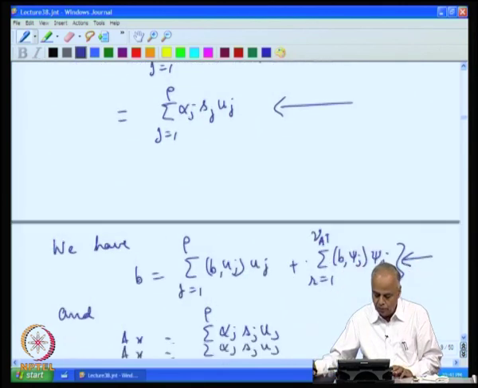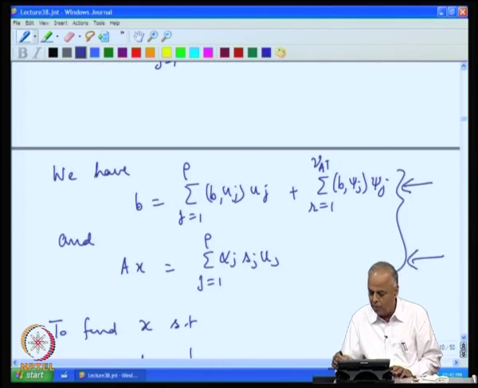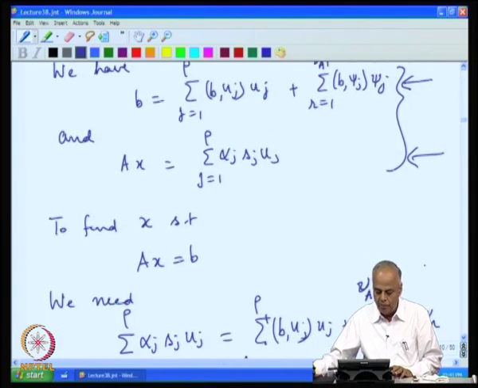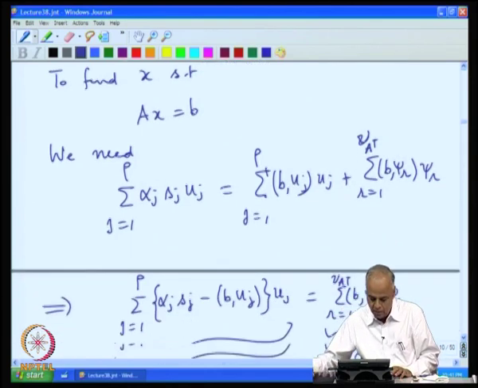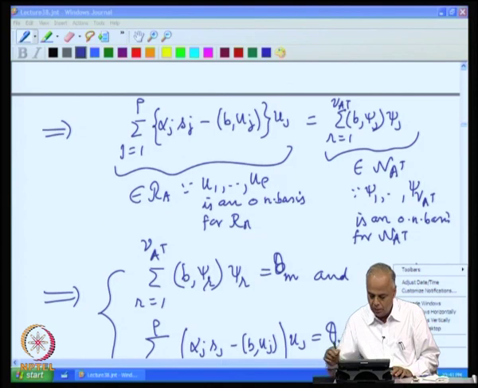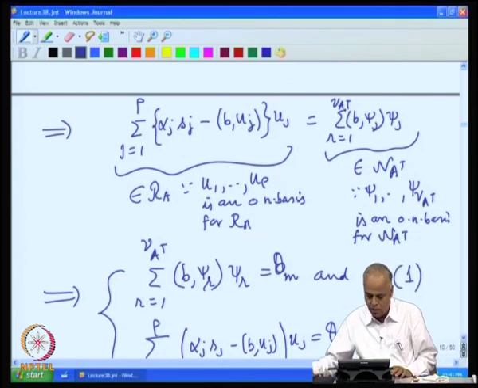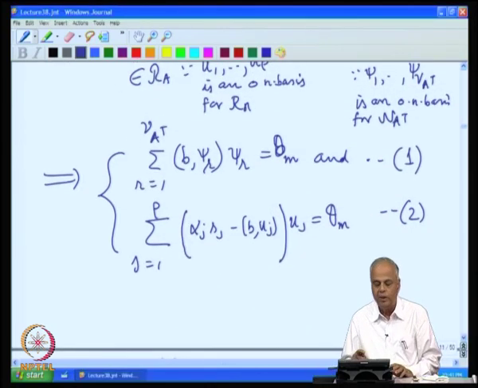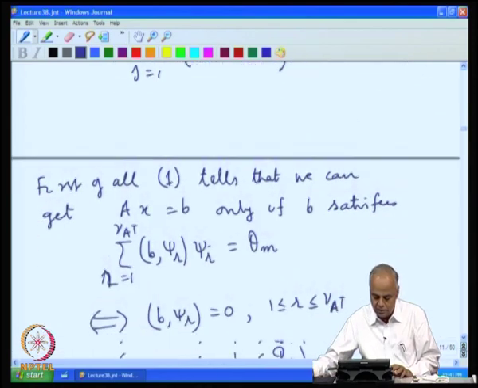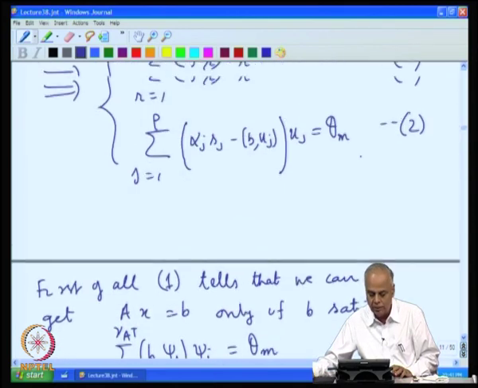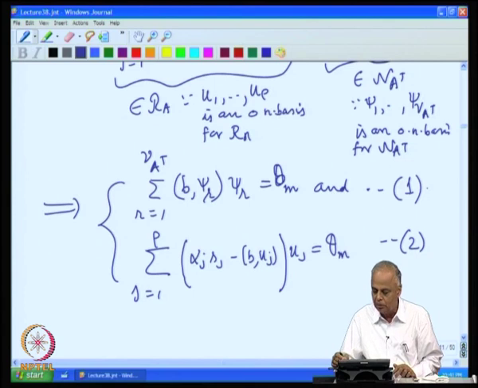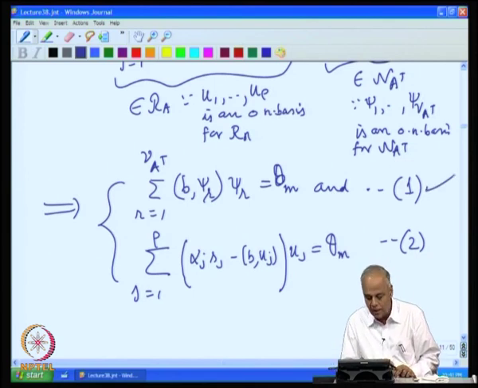Since A x must be of this form and b is of the above form, we wanted A x equal to b, and that requirement tells us that we need to have these two conditions, 1 and 2. The first condition gave us the consistency criterion that b must belong to this. Suppose b satisfies this consistency condition; then out of these two statements, one has been taken care of.